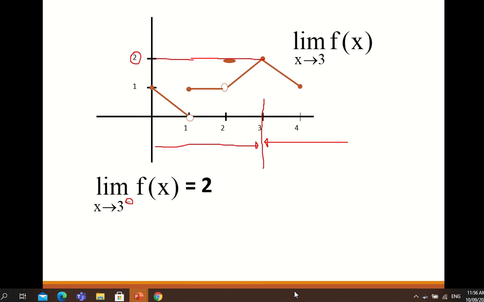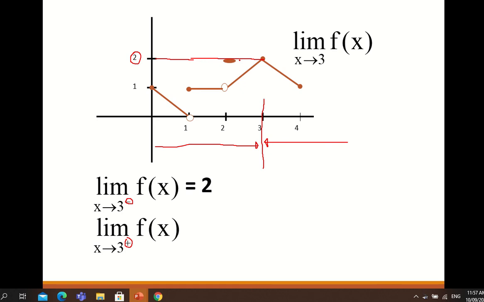Now, for the other side, the limit of the function as x approaches 3 from the right. We are tracing the graph from the right going to 3. So from here, you go this way. Our x values are decreasing, but our f of x is increasing, and it reaches this point. At this point, what is the value of our L? What is the limit of the function using this graph?